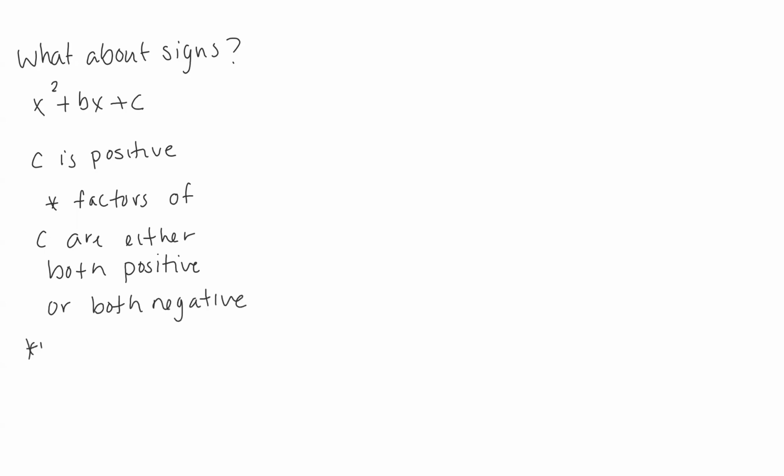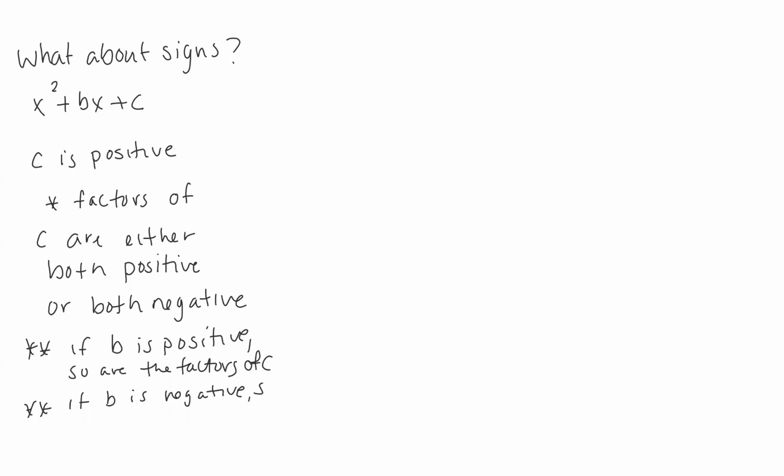Okay, so if B is positive, so are the factors of C. If B is negative, so are the factors of C. So in this particular example right here, we would want two positive factors of C, okay?